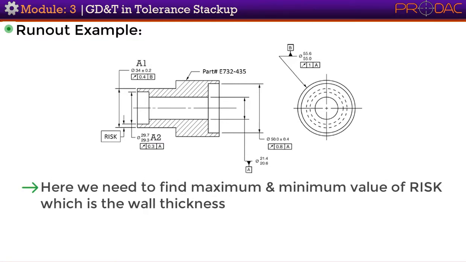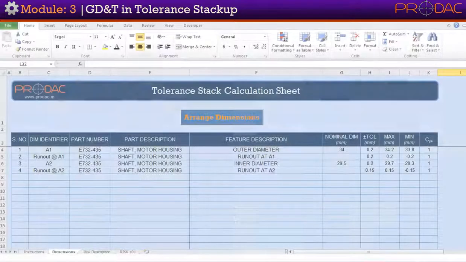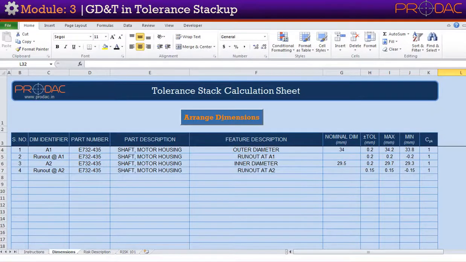Now we have a runout example. Here we need to find maximum and minimum value of R1, which is the wall thickness. And it can be calculated by the equation where R1 is equal to A1 plus runout at A1 minus A2 minus runout at A2. And this is how dimensions and runout tolerances have to be filled in the spreadsheet.